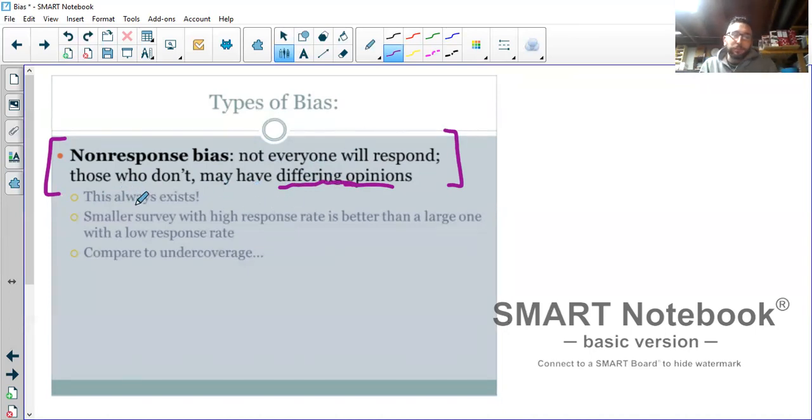Generally speaking, there's always going to be some non-response bias. We prefer to have a smaller sample size with a high proportion who respond than just sending out a million surveys and having 950,000 of them getting thrown out. But again, the difference with undercoverage is sampling methods are bad. Non-response bias is like, you're bad. You throw out the survey, man. You chose not to vote.